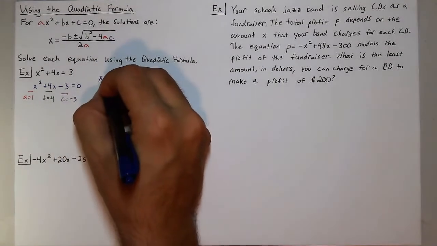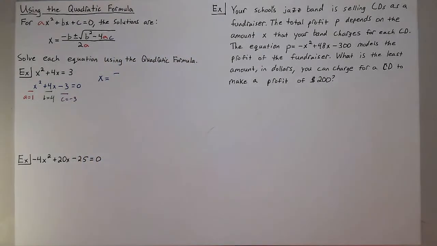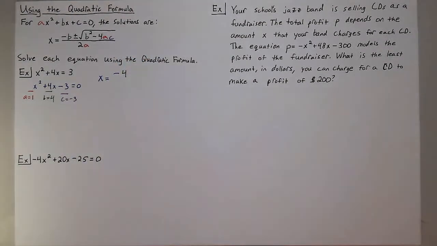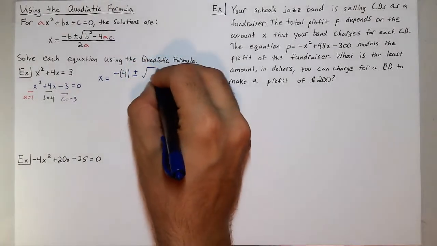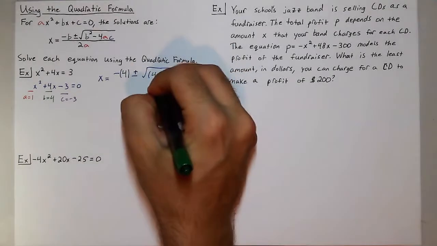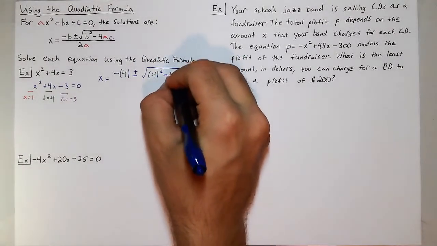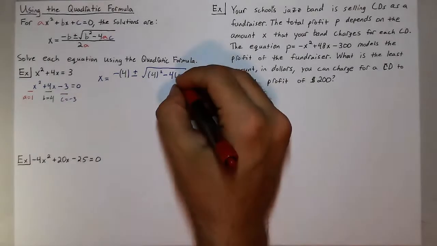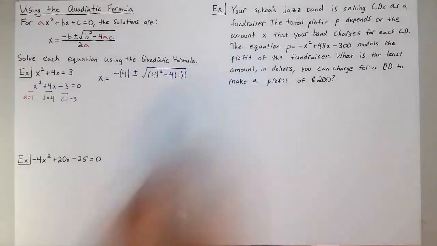So if x is equal to negative of b, so negative 4, plus or minus the square root of 4 squared, which is b, minus 4 times a, which is 1, and then c, which is negative 3.